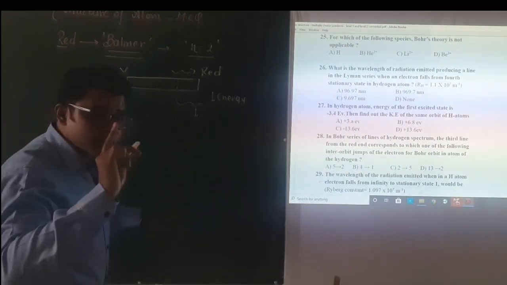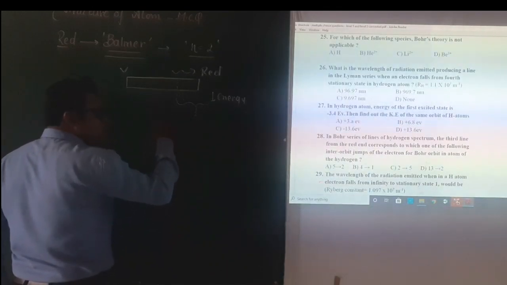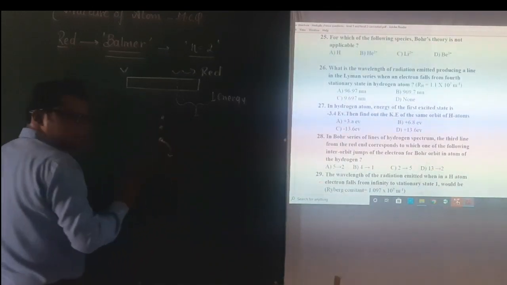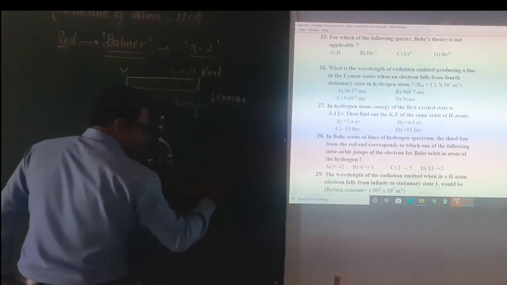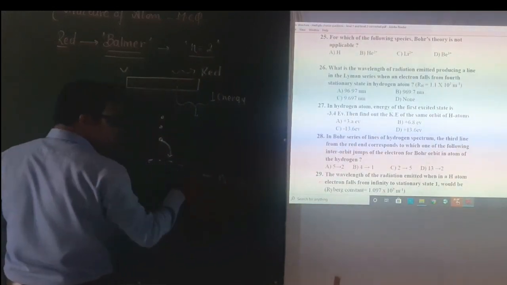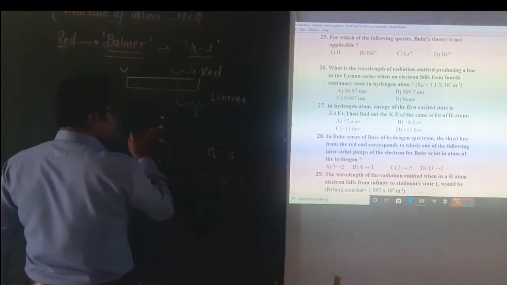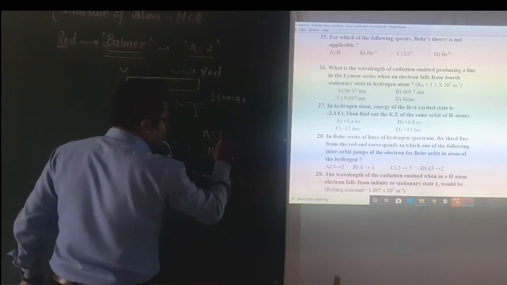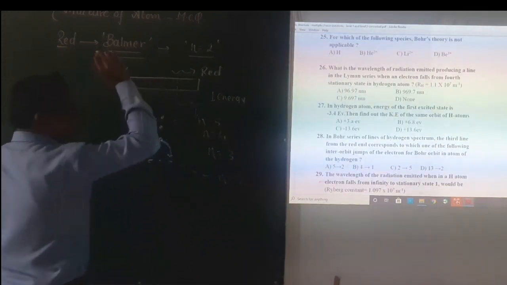The lower energy is formed when an electron jumps from the smaller orbit, that is, let's say this is n equals to 2, this is n equals to 3, this is n equals to 4, this is n equals to 5, so on and so forth.